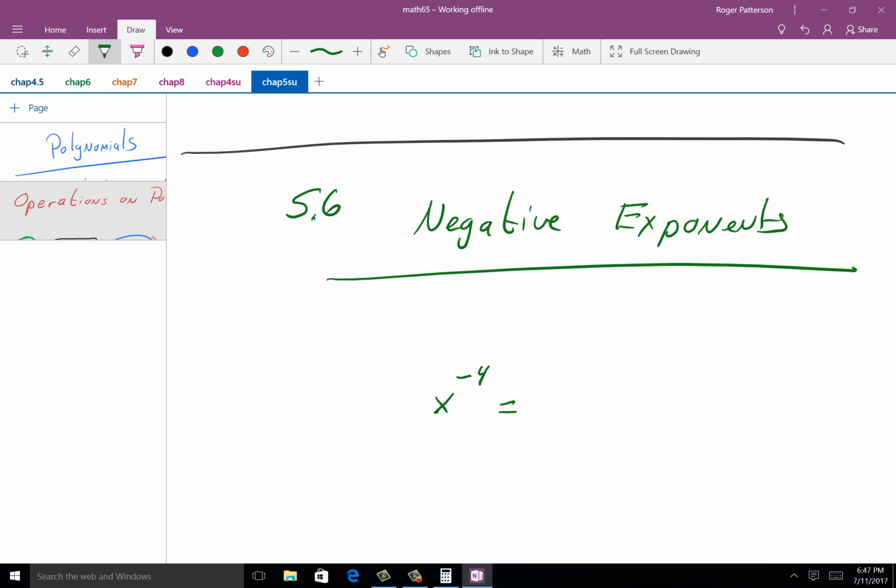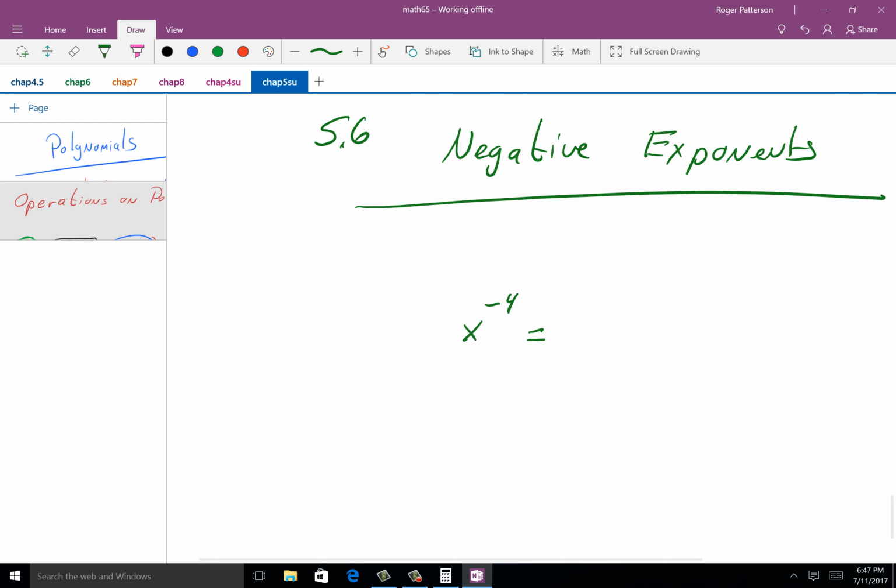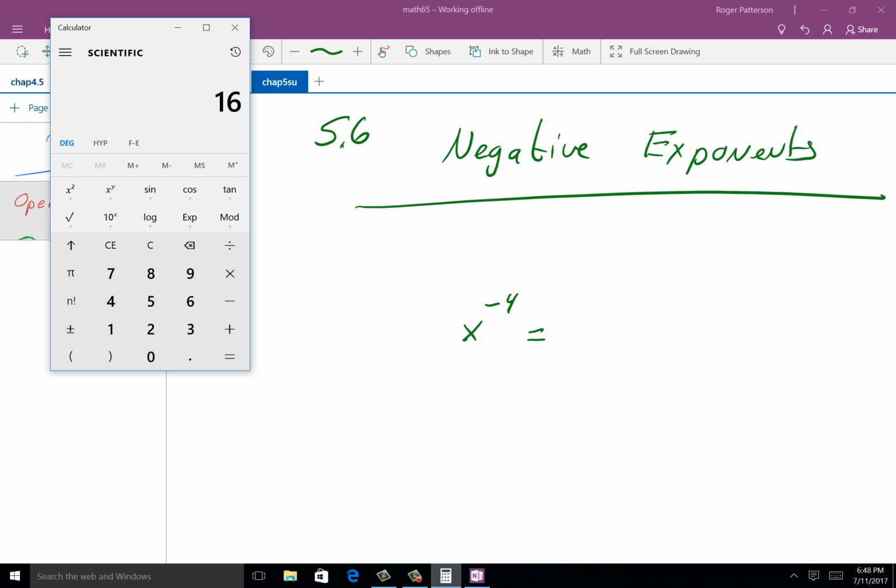what does that exactly mean? Well, if we play around with some numbers, let me go back to the calculator and try 2 to the negative 1.